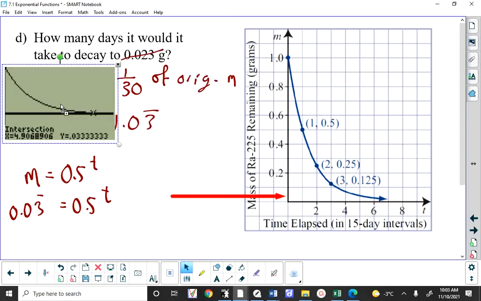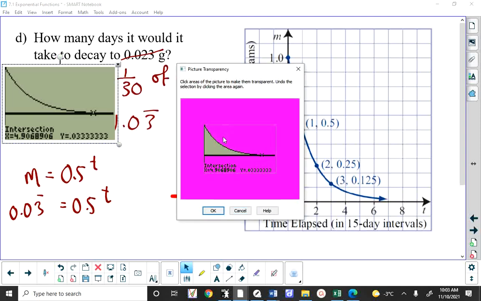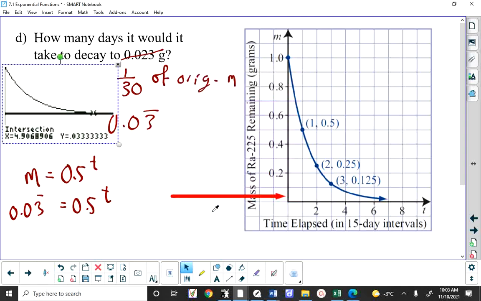So the value of x that produces 1/30th of the original mass is 4.9. That's not days.